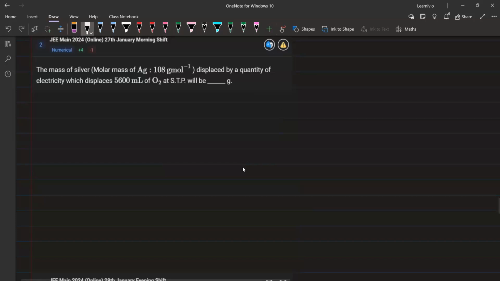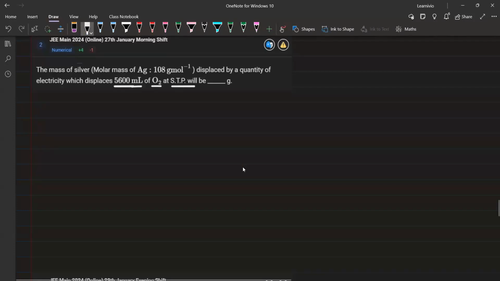The mass of silver displaced by a quantity of electricity which displaces 5600 ml of O2 at STP will be dash grams. So here they are saying that you have to first of all calculate the amount of electricity that is displacing this many ml of O2 at STP. And once you get that amount of electricity, you will have to apply it to what mass of silver it will be displacing.